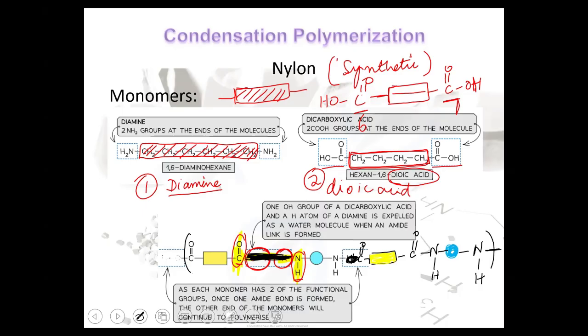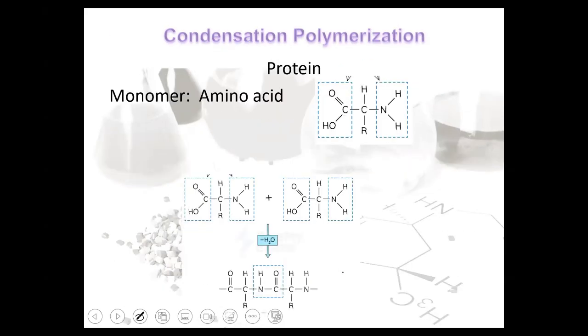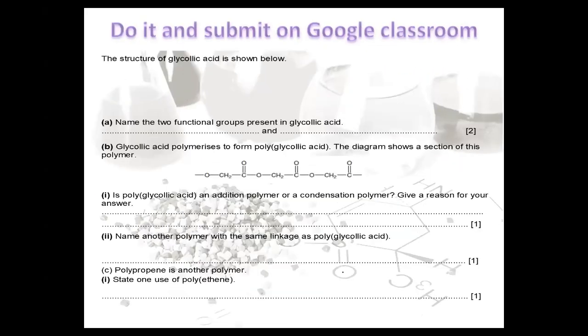So you can see a dicarboxylic acid box and a diamine box is making one repeat unit. Let me make it properly for you somewhere. Okay, let me add a slide where I can make it clear.